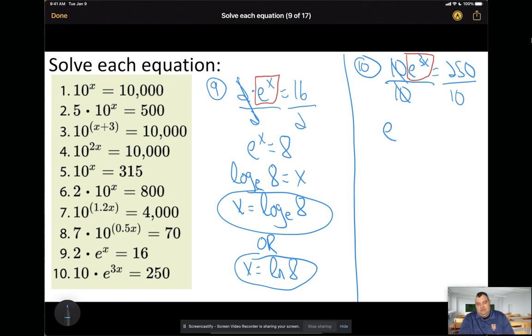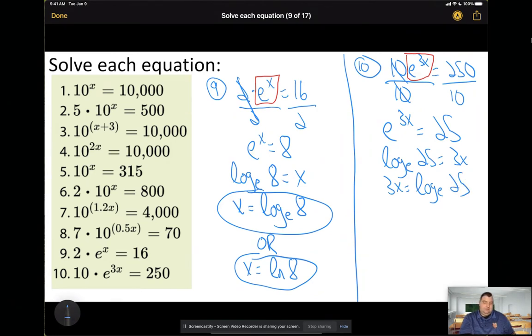So that gives me e to the power of 3x equals 250 divided by 10, which is 25. Again, I'll rewrite this in log form. So this will be log base e of 25 equals 3x. So 3x equals log base e of 25.